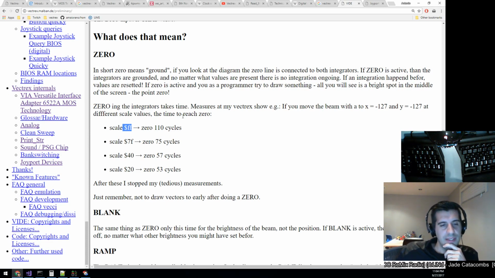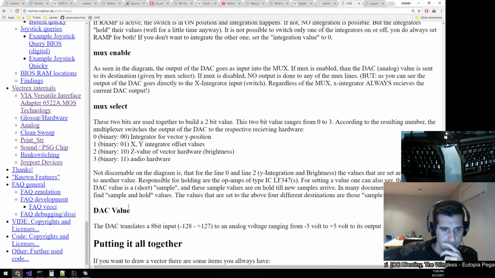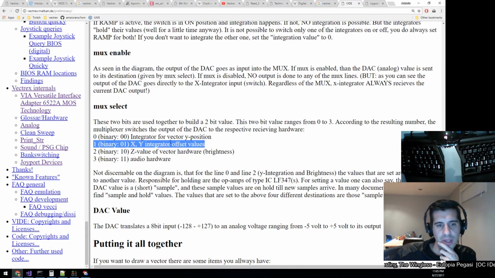So in that case, the scale, what the hell does it have to do with this? This is the one that confuses me. The XY integrator offset seems like it's not being set in our case, although I expected it to.